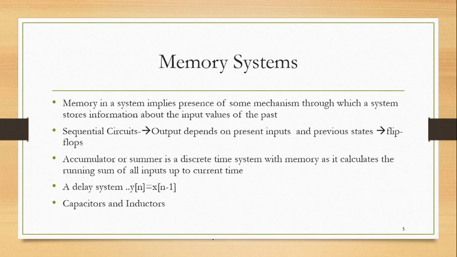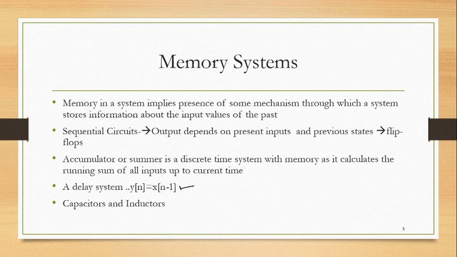A delay system, as you can have a look, is represented mathematically by this equation. Now we have n minus 1, which means the past value. So it could be n minus 2, n minus 3, n minus 4 depending upon the delay time. So if we have n minus 1 or n minus 2, n minus 3 in discrete time, we say that we have a delay system.